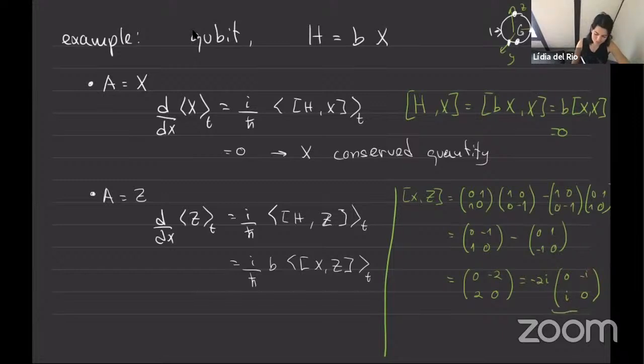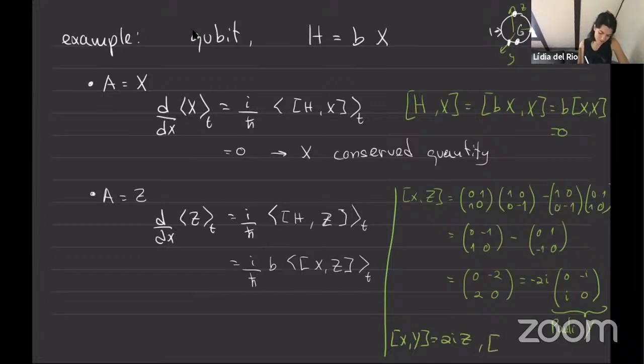We do this because this is actually the Pauli Y matrix. And in fact, there is a very funny relation between all of them. We'll see this later on. The commutator between X and Y is going to be 2i times the Z matrix.